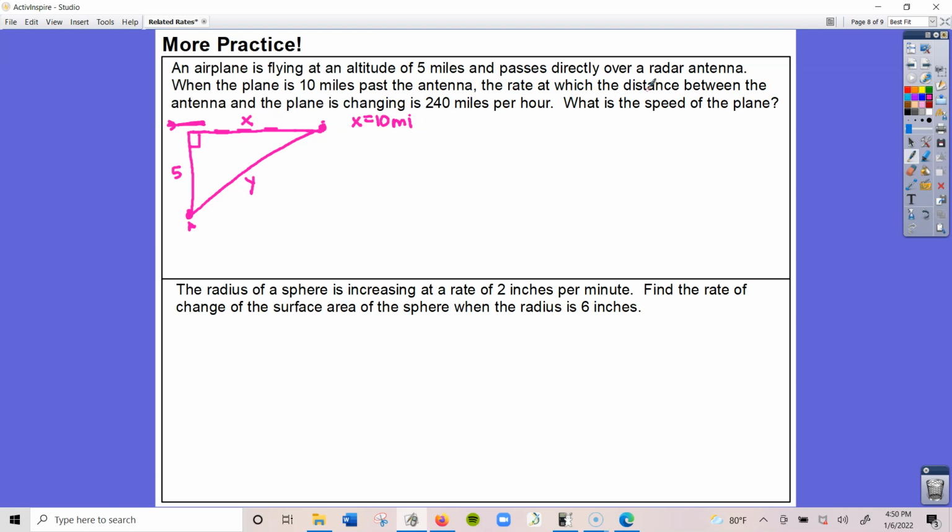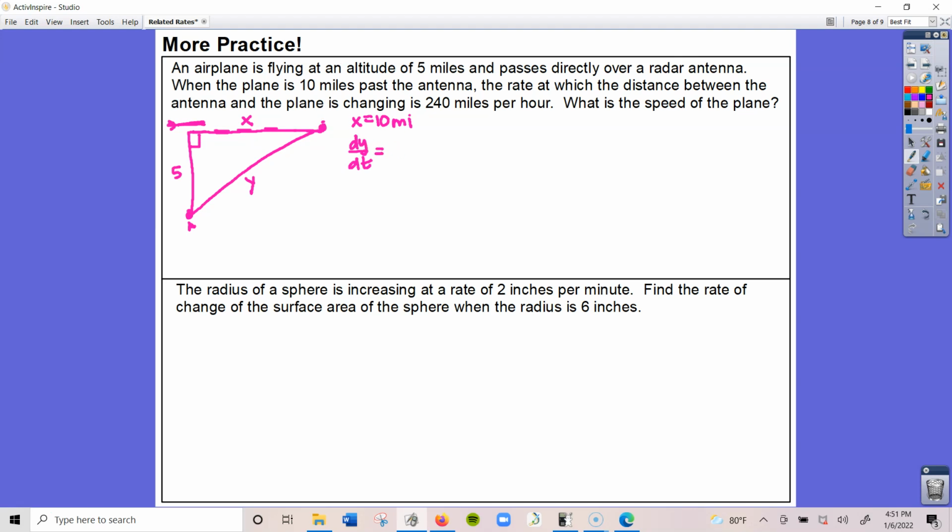The rate at which the distance between the antenna and the plane is changing is 240 miles per hour. So what that means is that we're given dy dt, because this is the distance between the plane and the antenna.